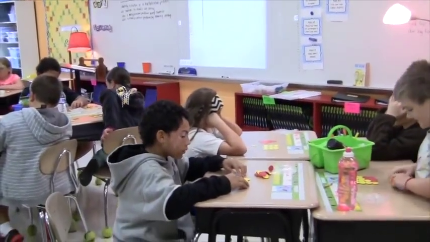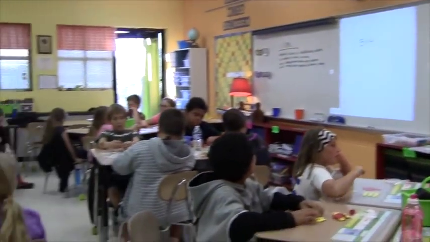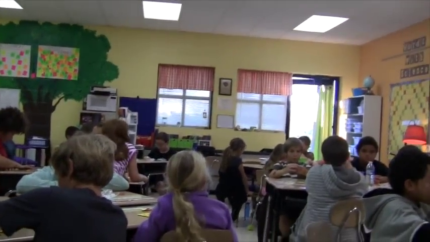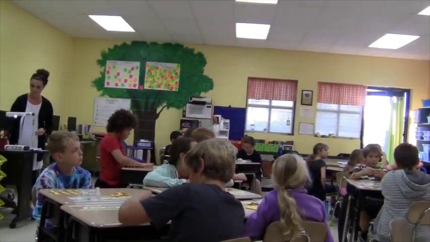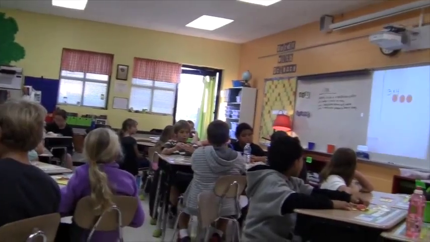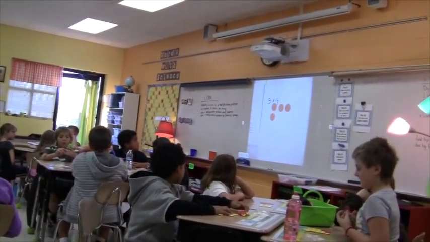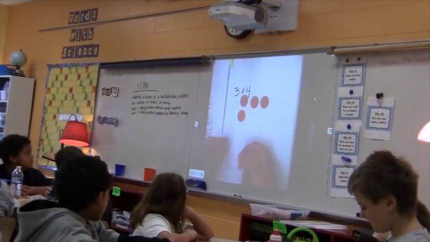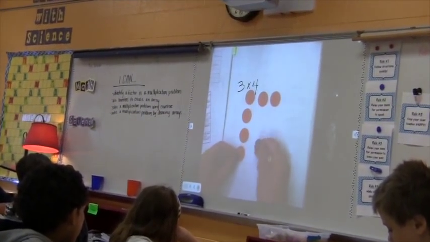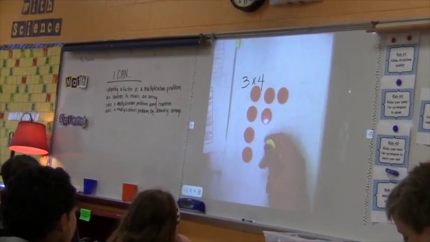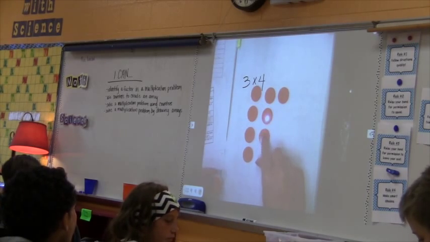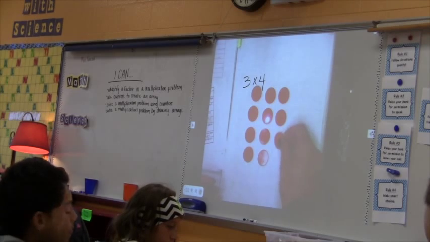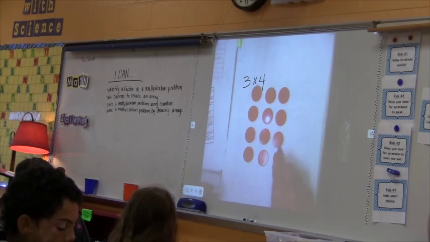Alright, so one way that you can create this array, because we'll get more picky about it in a little bit, you could have done it this way. Because does that not show 4 times 3?